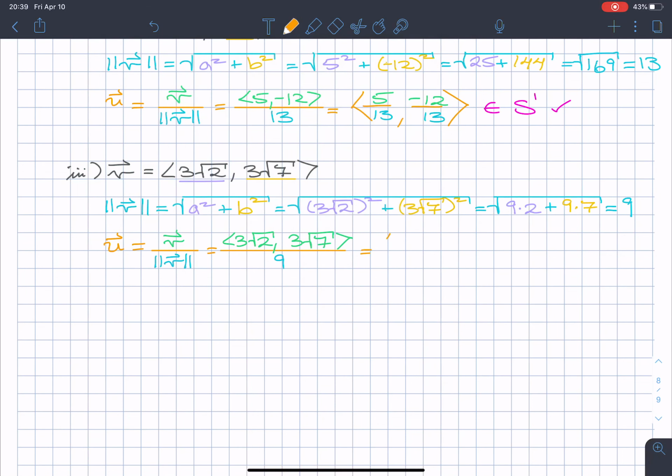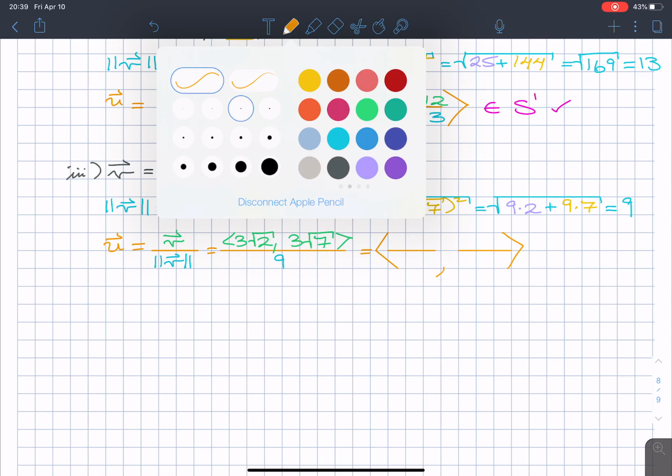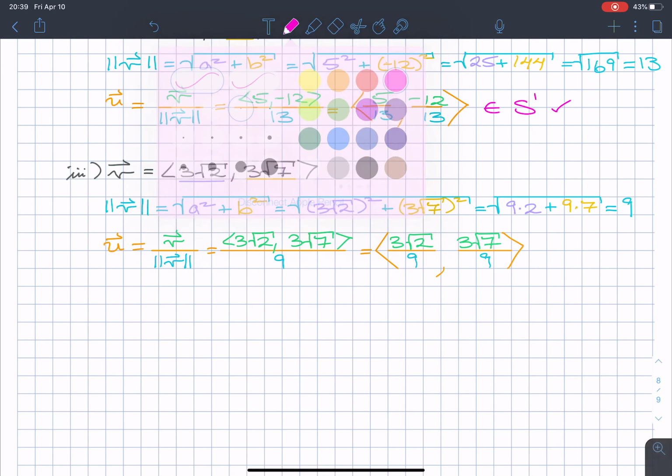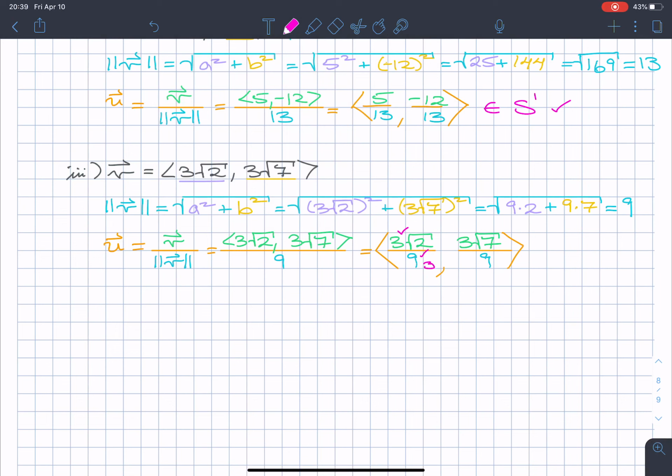So I take each component here and divide it by 9. So I get 3 root 2 and 3 root 7 divided by 9. But of course this reduces because 3 goes into 9 3 times.